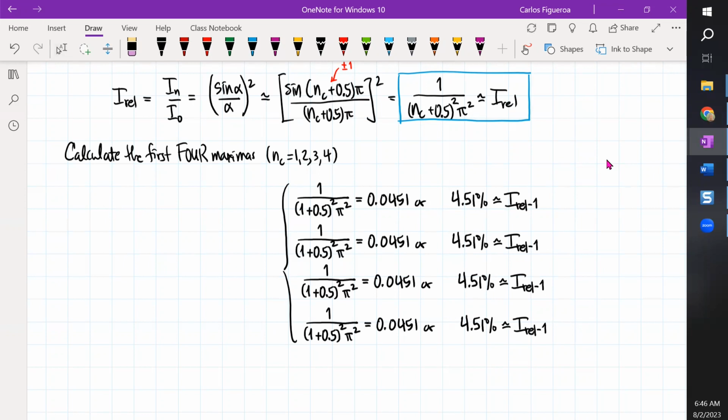I must have deleted this, so I'll have to come back and rewrite it. But now let's modify this. This is 2, 3, 4. We know that these values are going to change.